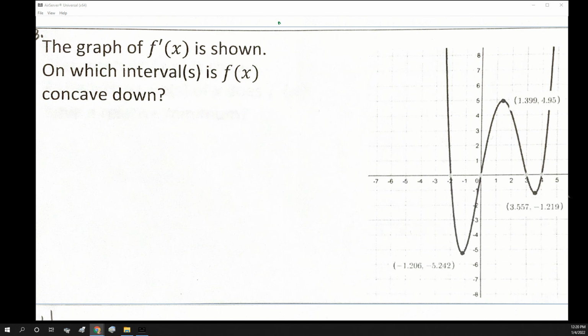All right, this is the graph of f prime. F prime is decreasing on this interval and then again on this interval. As far as we can go to the left, f prime is decreasing, so that's negative infinity until we get to this point right here where x is negative 1.206.